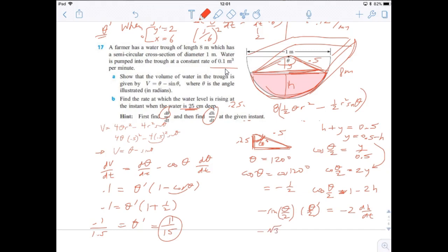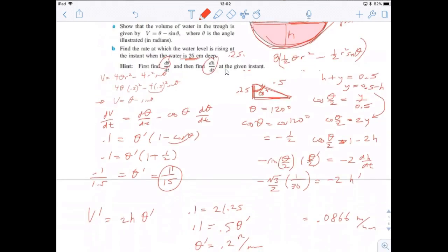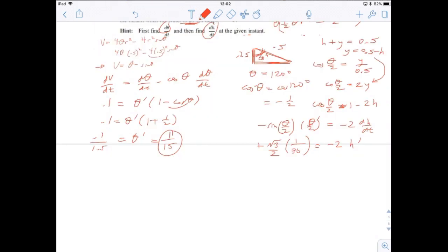So negative square root of 3 over 2 times 1/50 divided by 2, which would be 1 over 100, equals negative 2h dash. The negatives cancel out. Divide both sides by 2, so we'll end up with square root of 3 divided by 400 equals h dash.